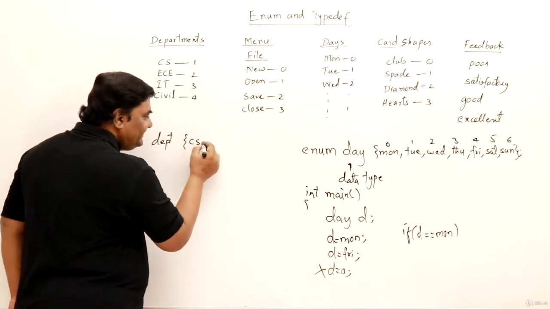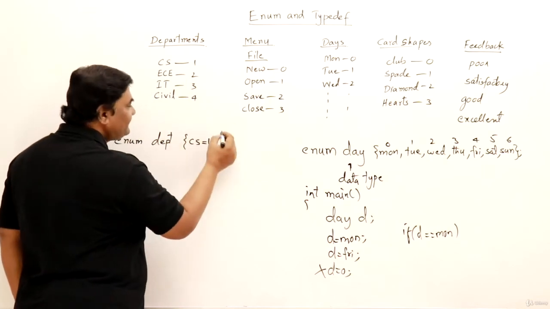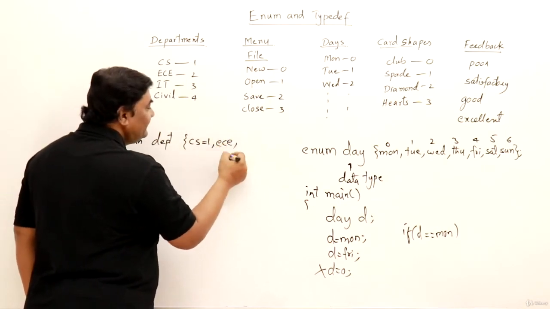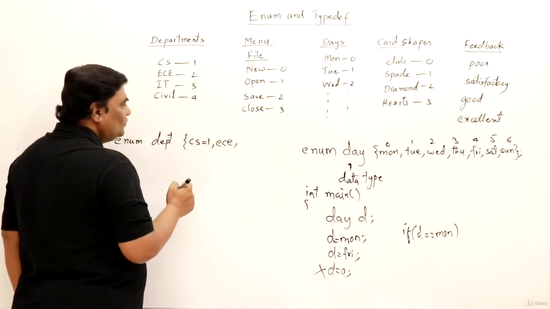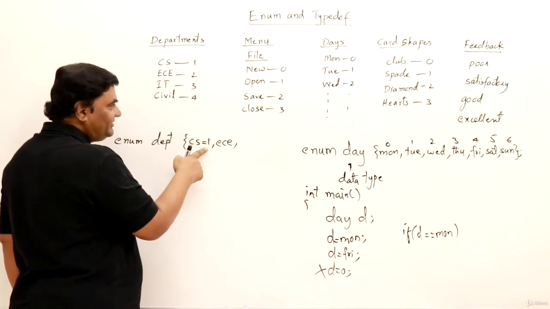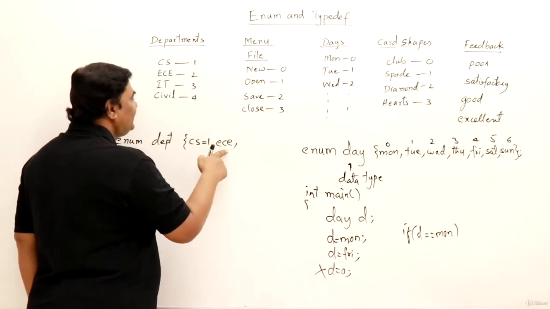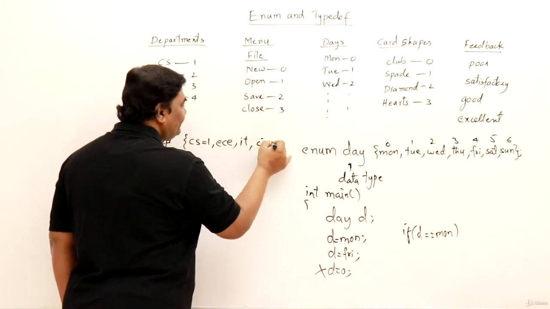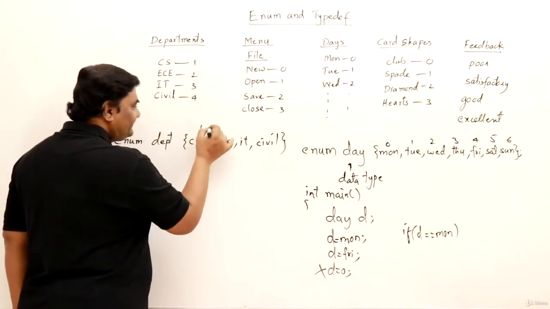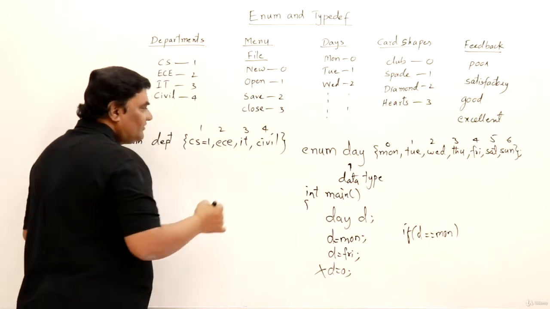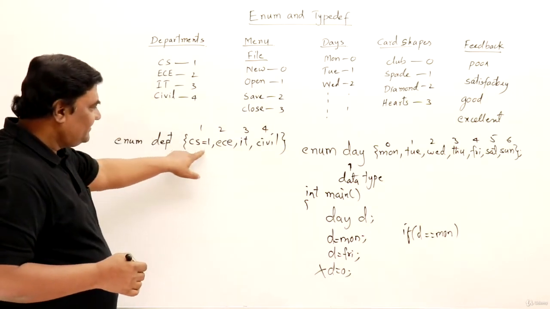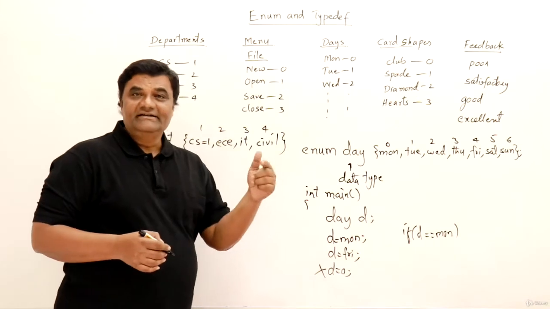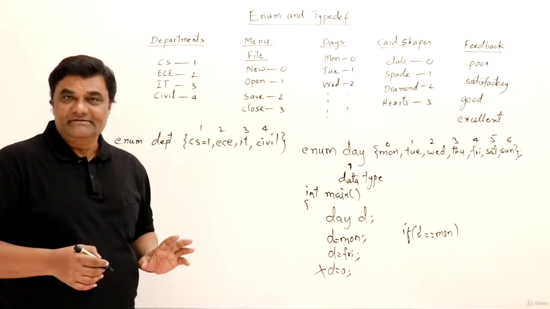So if you say CS assign 1, then next write just ECE. This will automatically become 2. So this is the starting point. You can just mention the starting point, right? Then this becomes 2 and this becomes 3 and civil becomes 4. So this is 1, this is 2, this is 3 and this is 4. So if you mention some starting number, then for the remaining, it will automatically take the next number.